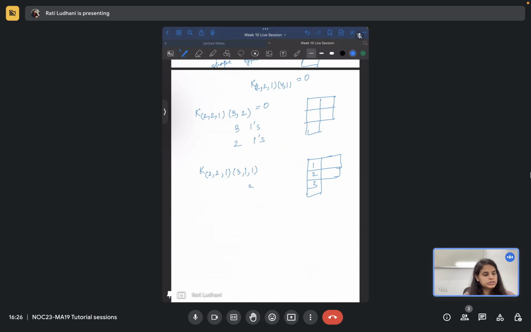You have 3 ones, 1 two and 1 three. So you can have 1 2 3, but you have one option. And one more thing, if you see in the rows, there are 3 rows. So the first column has to be 1 2 3. So at least you have 3 firstly.